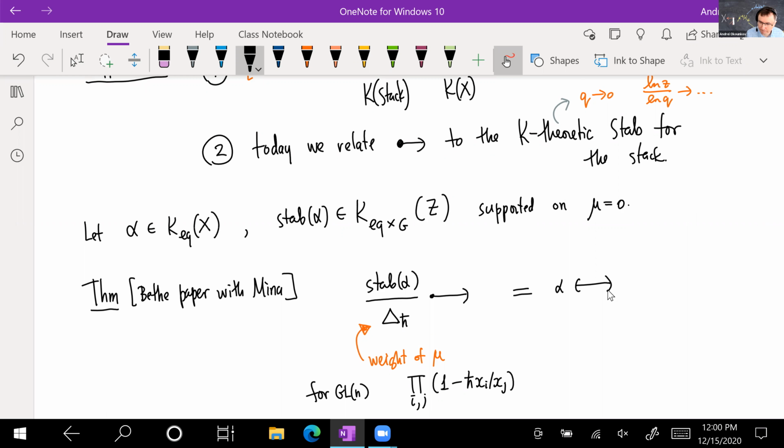So we had another way, we have this map going the other way. We had a formula from Smirnov, which really goes the opposite way.